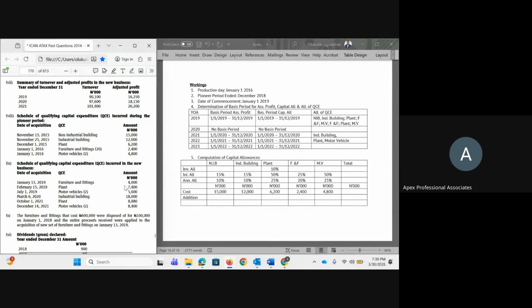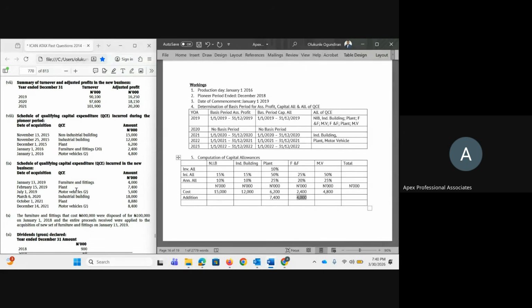So, do you have additional assets? Yes, we do. So we have additional furniture and fittings. Is that correct? Yes, sir. Then plant. I need you to pay attention. There's one magic the examiner did here, but I need you to point it out to me.